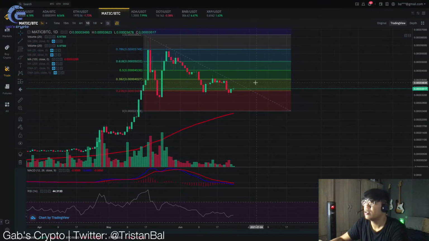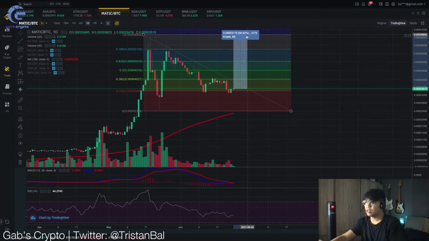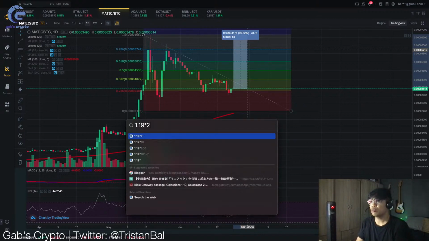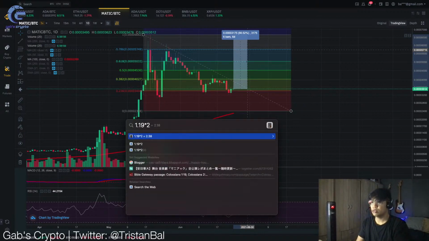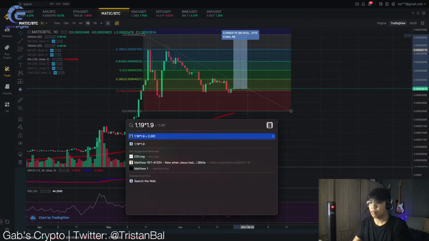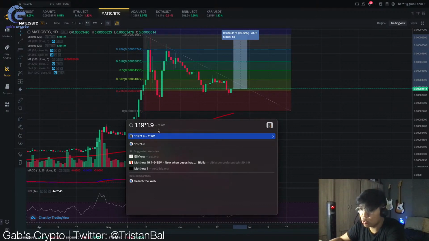So ayan, if we would let's say magpump pa siya around 90%, so this would indicate 1.19 up to 1.9. Matic would still go back to 2.26 US dollars. Babalik pa si Matic at 2.2 US dollars siguro in the midterm. So babalik pa naman siya, so you should not worry about that.